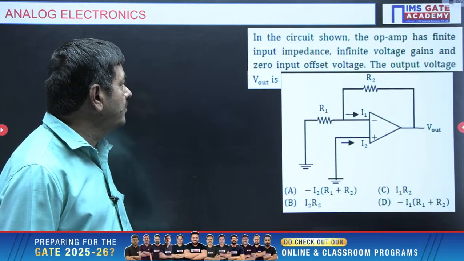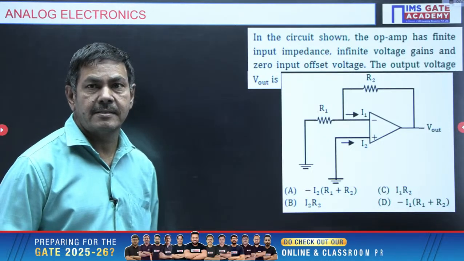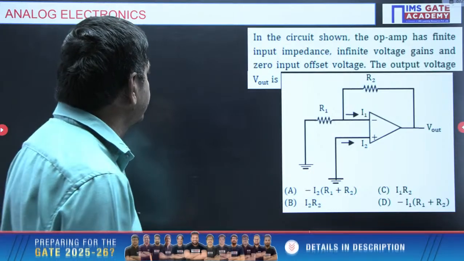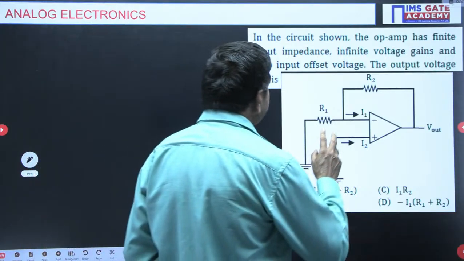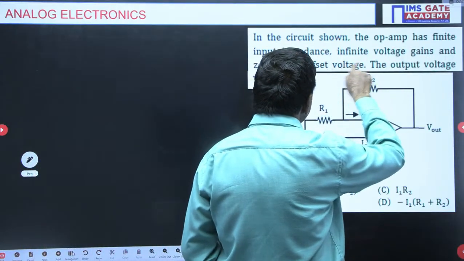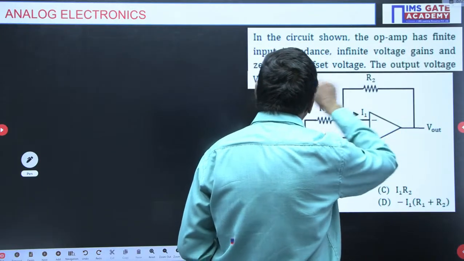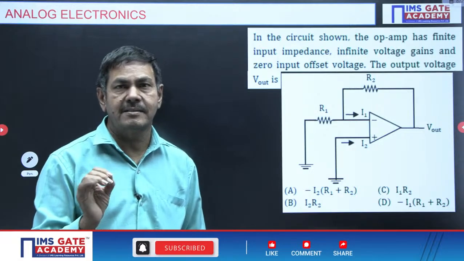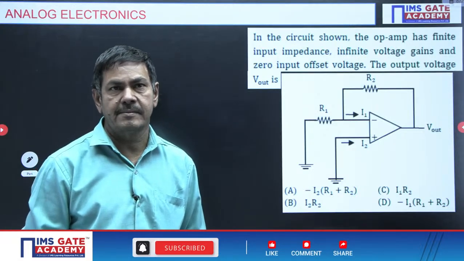The output Vout is required. Certain conditions are given: finite input impedance, infinite voltage gain, and zero input offset voltage. We should understand somewhat about these points.